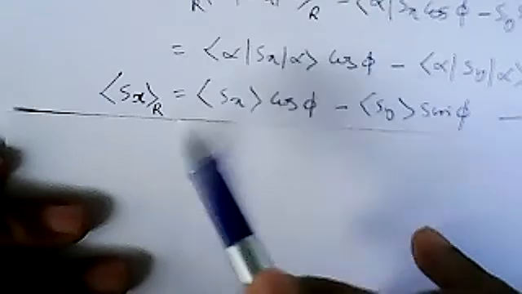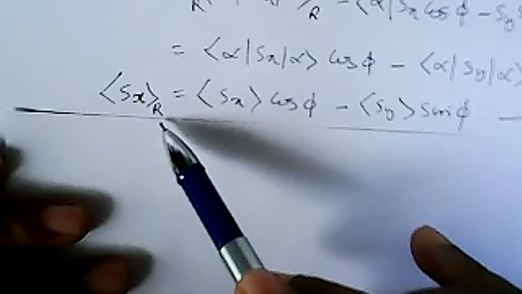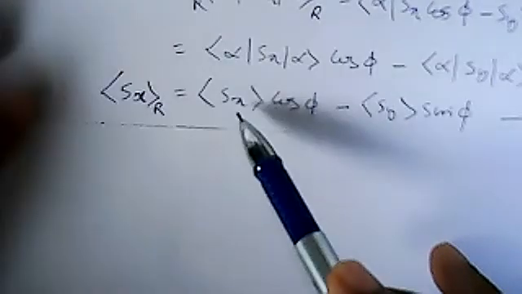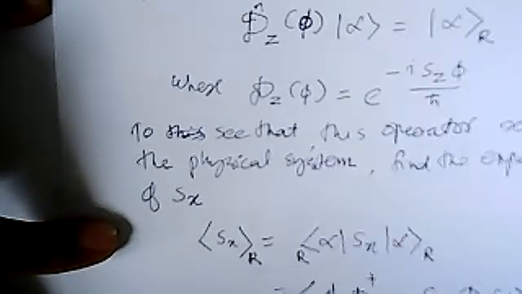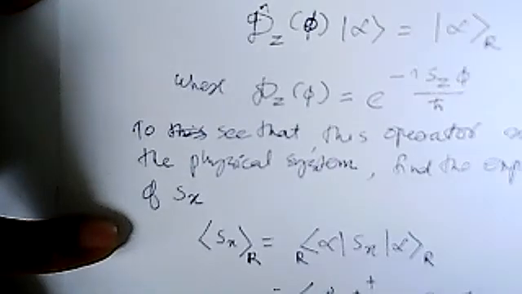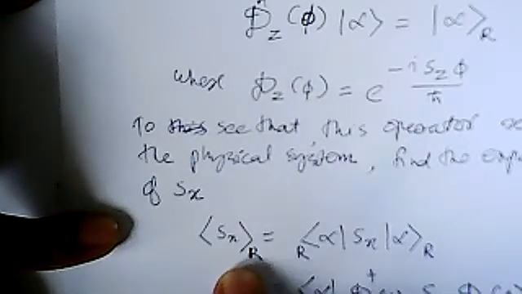Okay. So this is Sx of R, the rotated expectation value, equal to Sx before rotation. So I have to do some correction. What I wrote earlier is like this. You correct this equation. This is actually Sx of R, what we found, Sx after rotation.